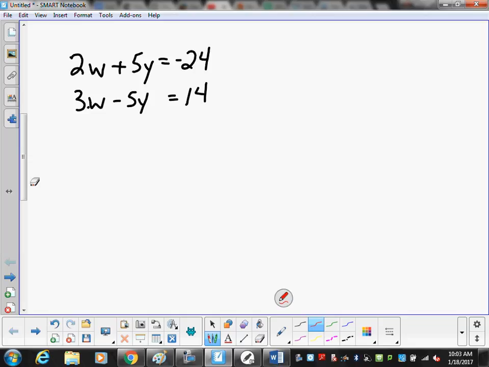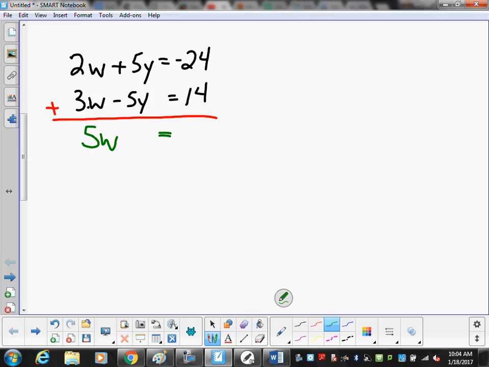Yeah. So since the y already has opposite coefficients, we skip to step 3, and step 3 says you add the two equations together. And so when you add, you combine all your like terms. So 2w plus 3w is 5w. 5y plus a negative 5y is gone, eliminated.